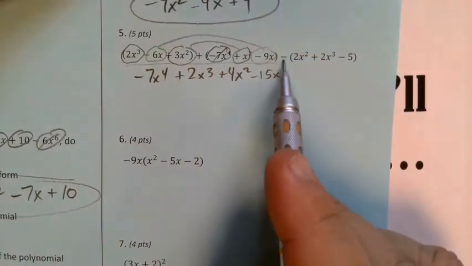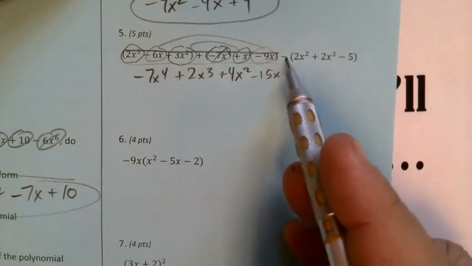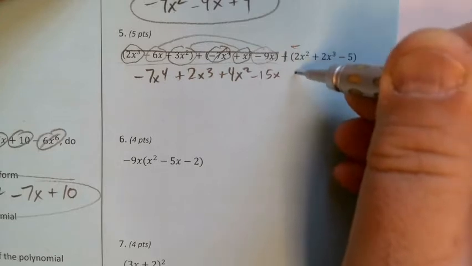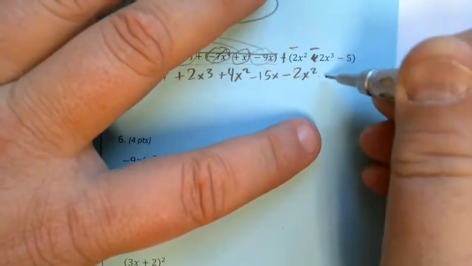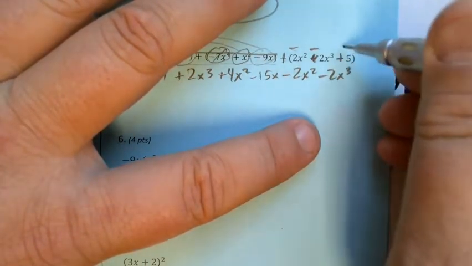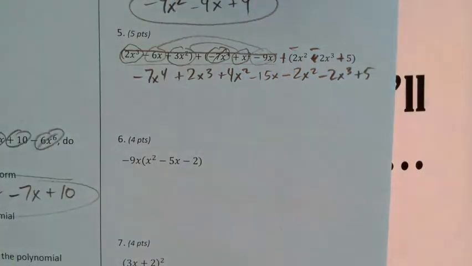Now all these are done, and this negative is going to change all of these signs. So I'll change this to negative 2x squared. It will change this positive to a minus, so minus 2x cubed, and this minus 5 to a positive 5, so plus 5. Now we just need to look for like terms. I apologize, my hand was covering up.